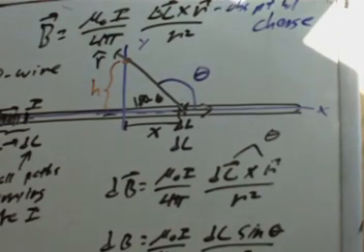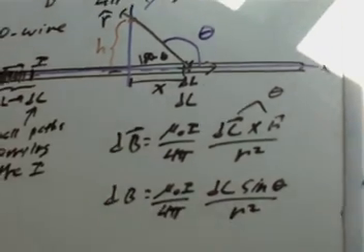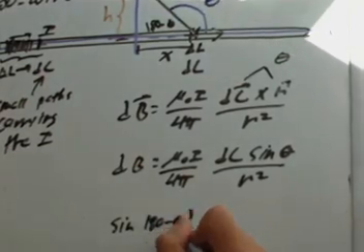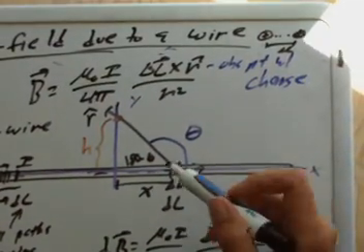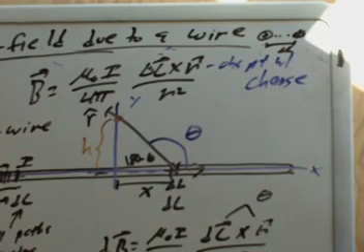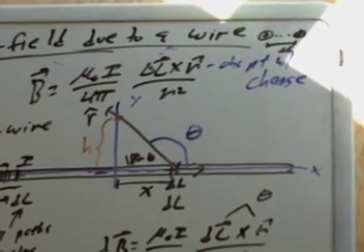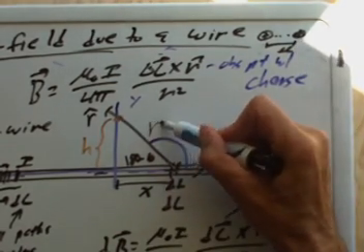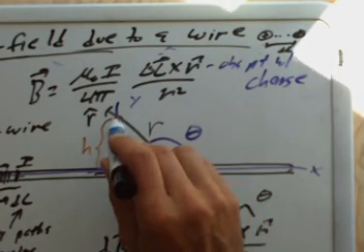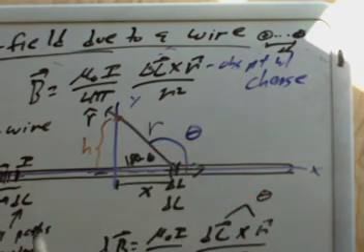So I don't have the sine of the angle, but I can take the sine of 180 minus theta in this right triangle right here, which is just this angle in here, and the definition of the sine is still the same: opposite over hypotenuse. It's going to be h over r, because r is still my distance from the little segment that the current is passing through to the observation point. So the distance is r, the direction is r hat.